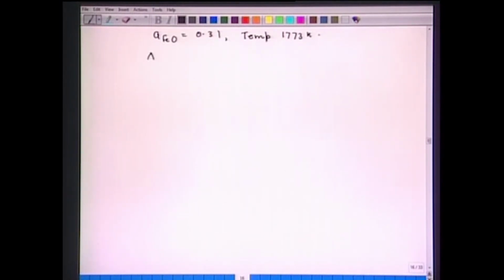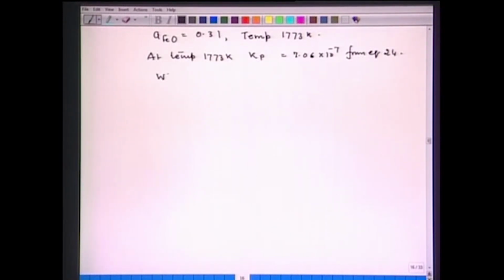Then we can calculate Kp, that is equal to 7.06 into 10 to the power minus 7. This is from equation 24. However, if you calculate from another equation, this value will be something different.